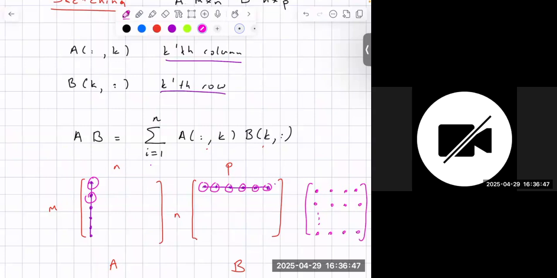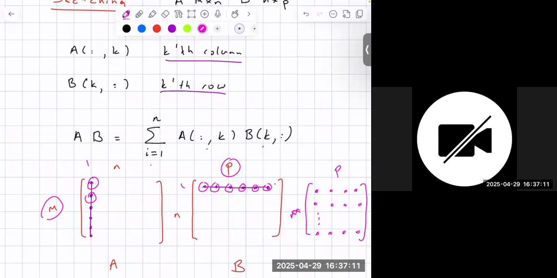So I have a column here which has M entries. I have a row here which has P entries. M times 1, 1 times P. I'll get an M times P matrix at the end, right? Off of only the first column of A and the first row of B. I'll get an M times P matrix out of this process, okay?